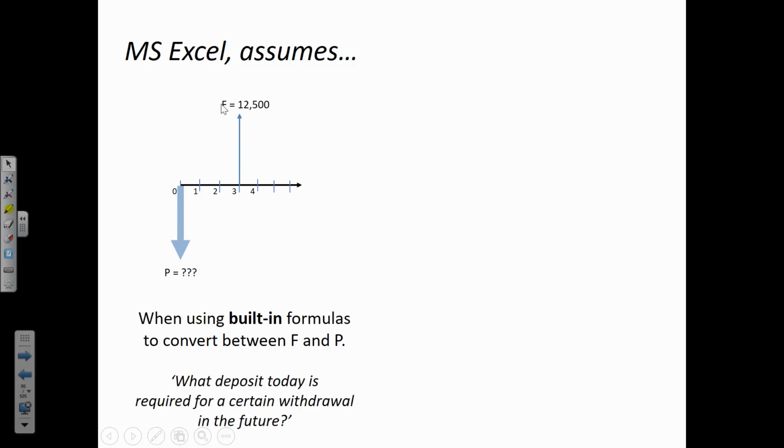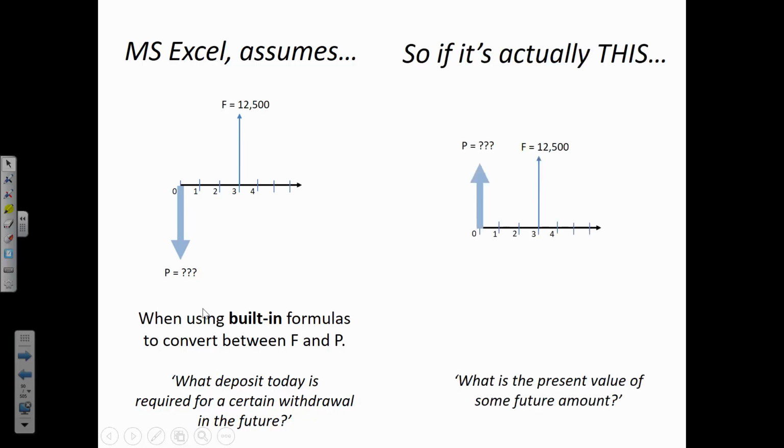But here's the thing. Sometimes we don't necessarily want to solve for what deposit today is required for a certain withdrawal in the future. Maybe the problem we're solving is that, but sometimes we'll say, well, you're going to receive $12,500 in 3 years. What is the equivalent cash inflow in year 0?